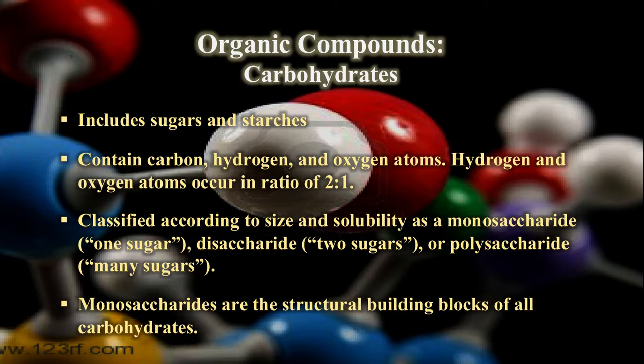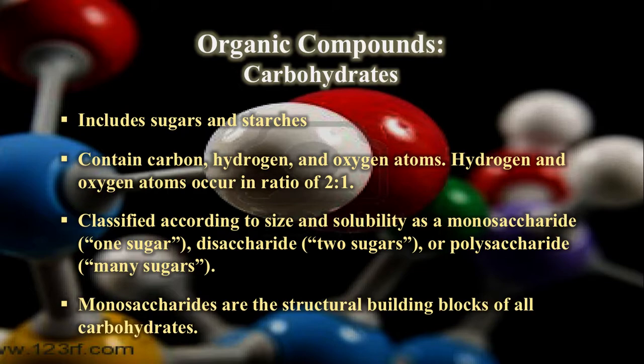For every one oxygen you have, you're going to have 2 hydrogens, which we'll get to on the next slide. They are classified according to their size and solubility as either a monosaccharide, a disaccharide, or a polysaccharide. The monosaccharides are the structural building block of all of our carbohydrates.